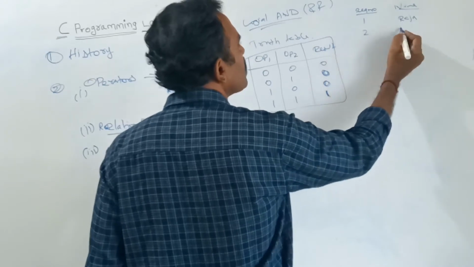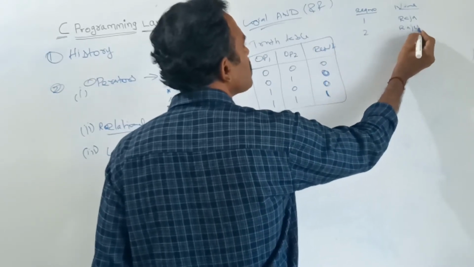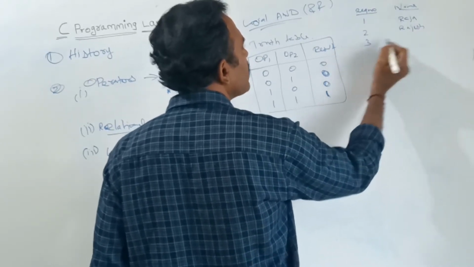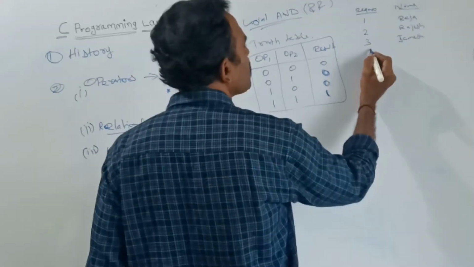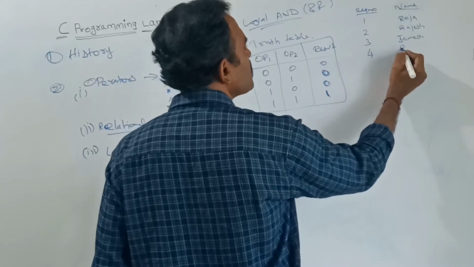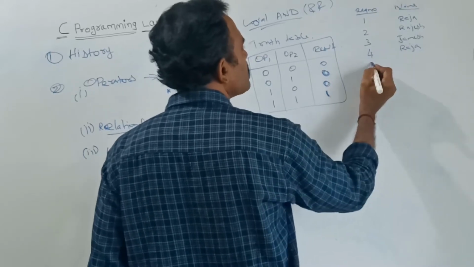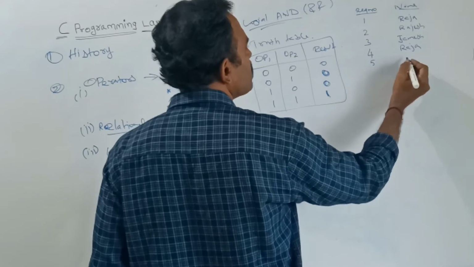Register number 2, the name is Rajesh. Register number 3, the name is James. Register number 4, his name is Raja. Register number 5, the name is Rahul.